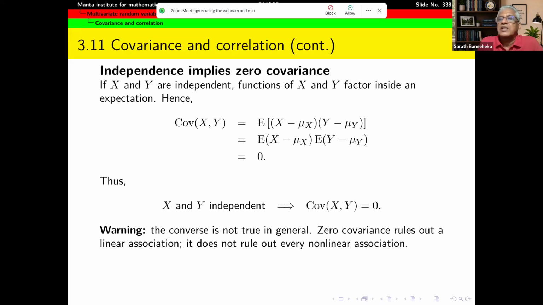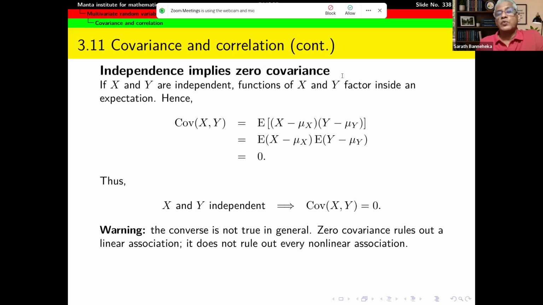That is, if the conditional distribution of one variable given the other, say the conditional distribution of x given y, is the same as the marginal distribution of x, that also implies x and y are independent. So now we can show that if the random variables are independent, then covariance is zero, but covariance zero doesn't necessarily imply independence. So let's prove this.